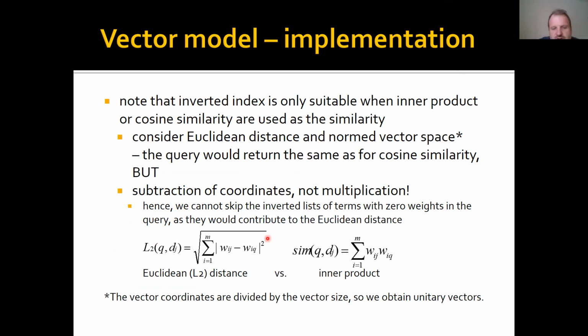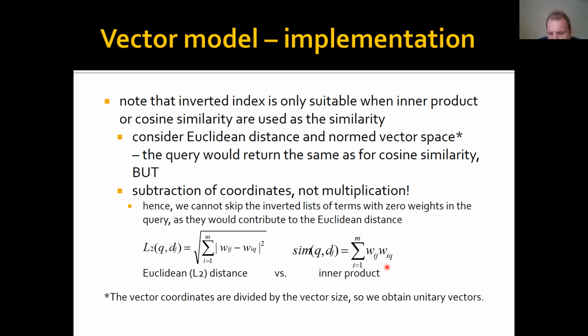But even if we have normalized vectors, we still use the inner product, because in the inner product we have multiplications of the weights, right?